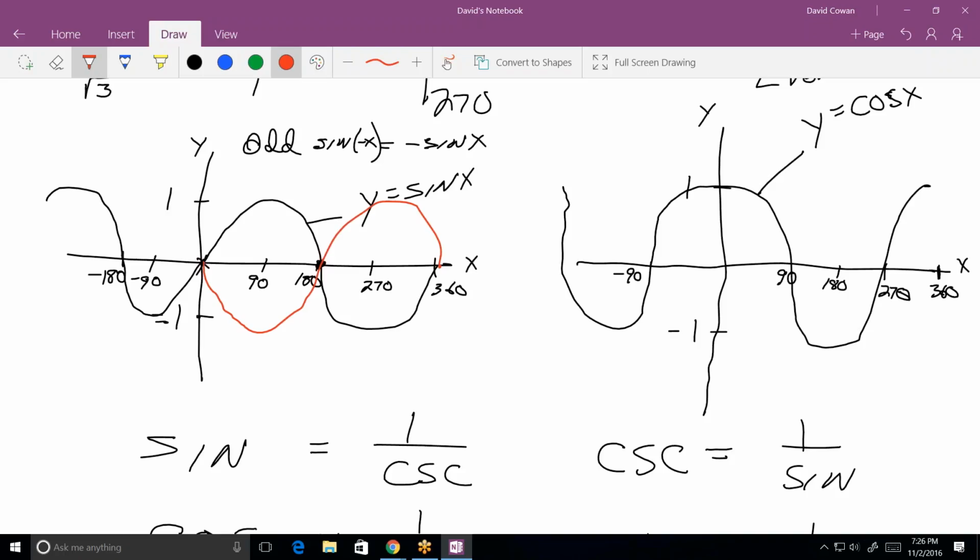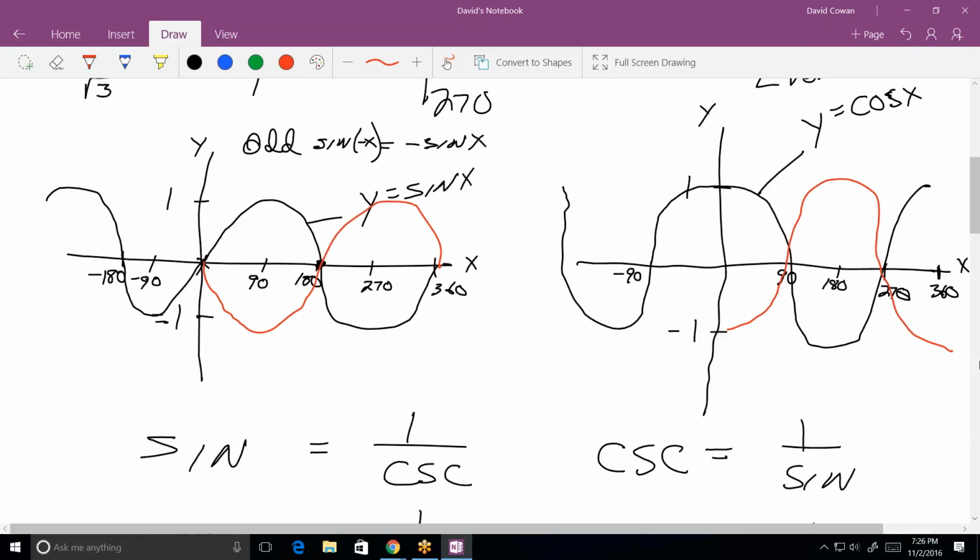Same with cosine. If I said, what is y equals minus cosine x? Well, that looks like this. It's flipped over the x-axis. Now, notice that I didn't say what is cosine of minus x, because the cosine of minus x is equal to the cosine of x.